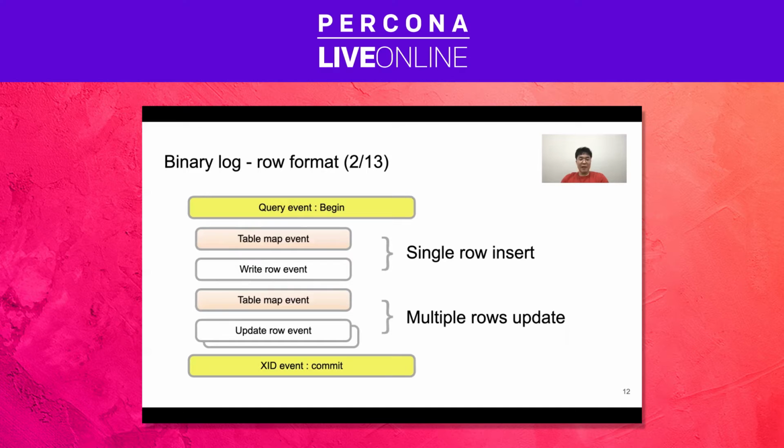Then a table map event comes in, followed by information about the data that is actually changed. If a single query affects multiple rows, the events come in like an array after the table map event.